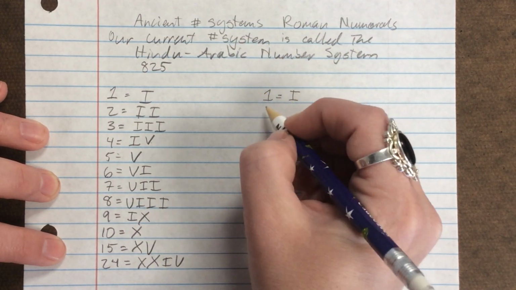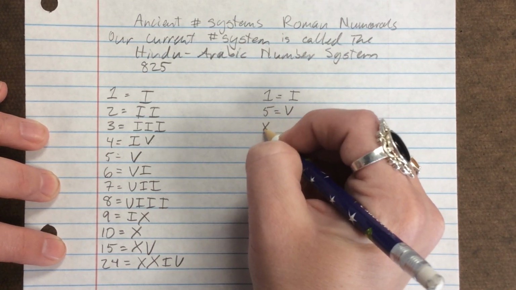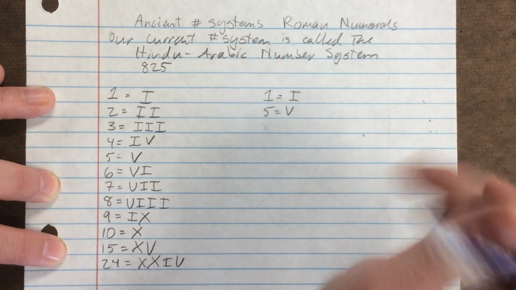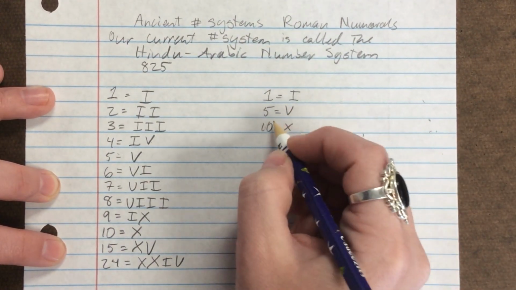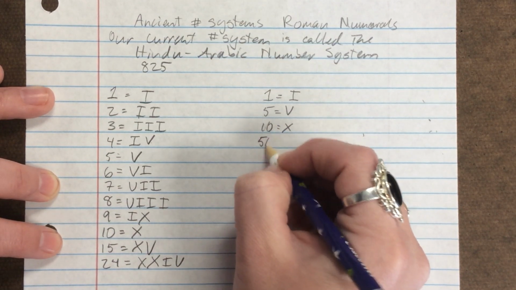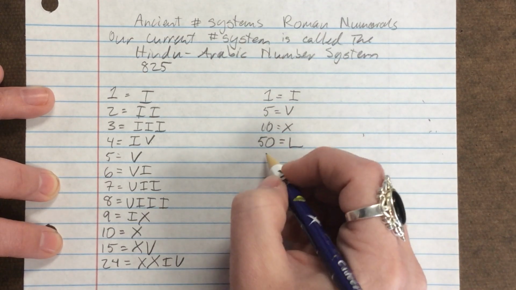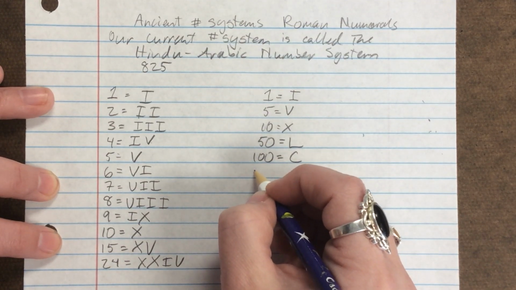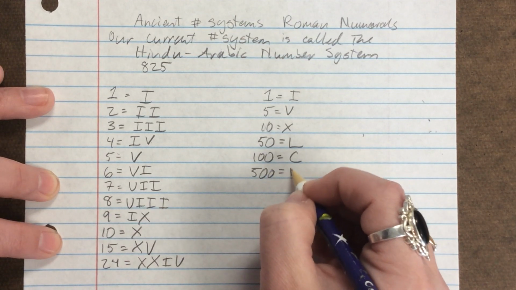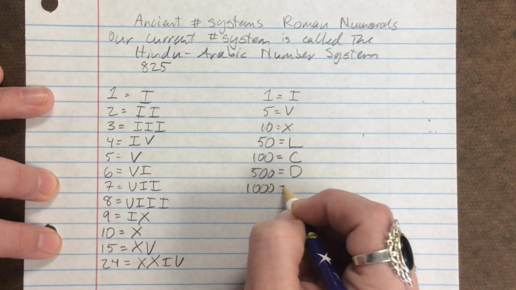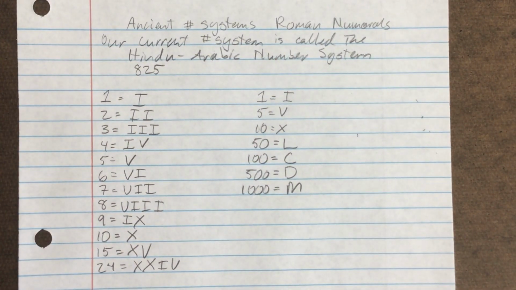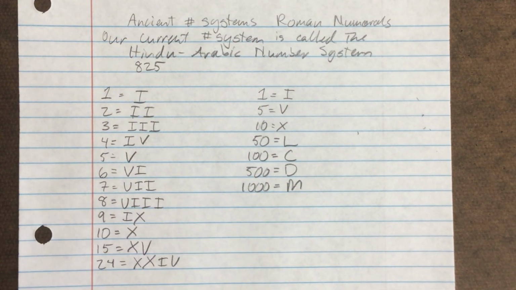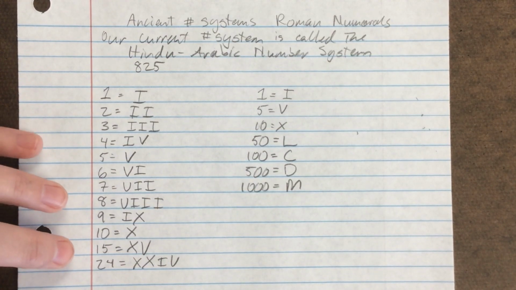So 1 we've already talked about is I, 5 is V, 10 is X, and then the next one up is going to be 50. 50 is L, and then the next one up from that is 100, which is C, and then 500, you notice the pattern here, is D, and 1,000 is M. Okay, so with this basis, we can make numbers up until, you know, we don't know what I didn't write down 5,000, so we're not going to do that.